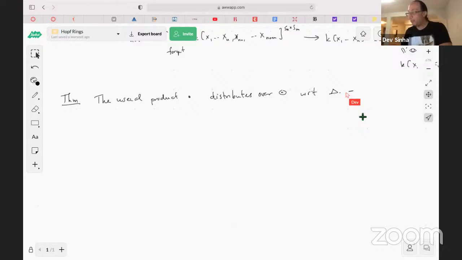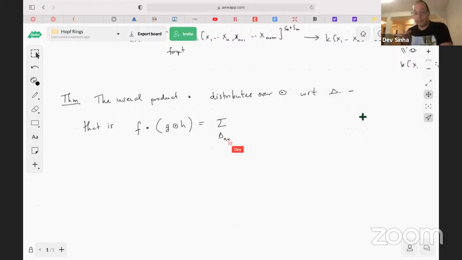That is, if I take a symmetric polynomial and want to multiply it by one of these symmetric polynomials obtained as an induction product. So say f has n plus m variables, g has n variables, and h has m variables. Then I'm going to take the sum over the coproduct, and maybe the coproduct I emphasize.